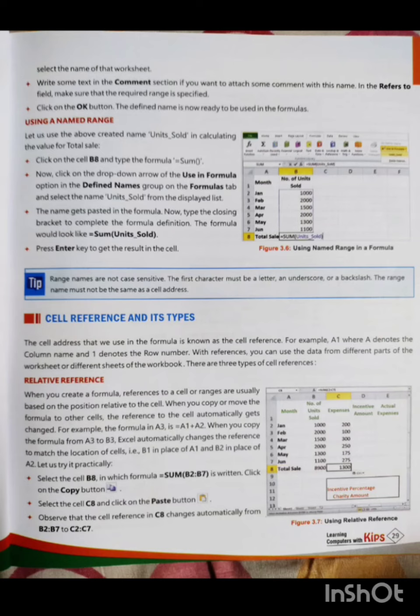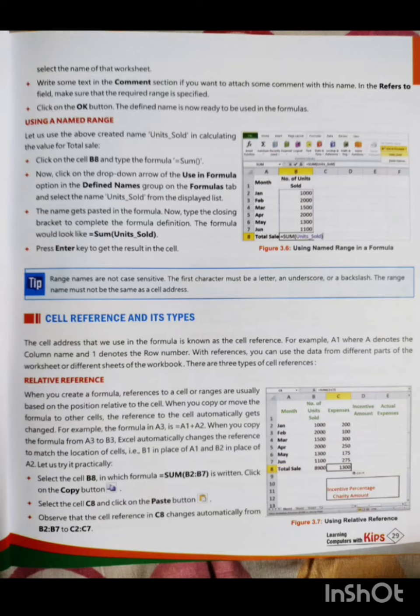Suppose the formula is written as $A$1 plus $A$2. Here the dollar sign before the column name and the row number denotes that it is an absolute reference. So for using absolute references we have to use a dollar sign before the column name and the row number.